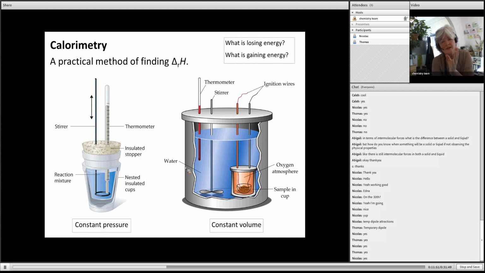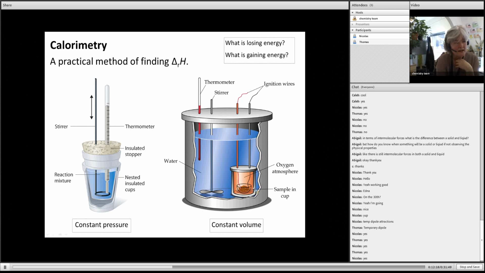So will the energy of the reaction be the same as that of the calorimeter, or will it be opposite? Say, for instance, I burn a certain substance here and I work out that my calorimeter has gained 300 kilojoules of energy.